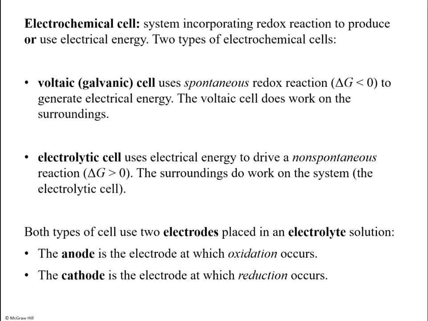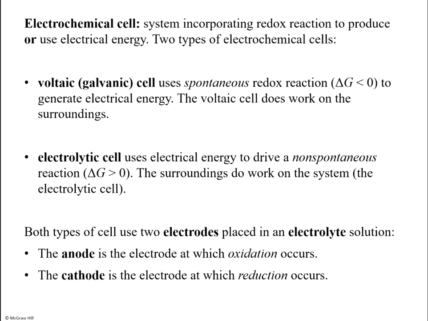So we have two types of electrochemical cells. First, we have what's called a voltaic or a galvanic cell, and that is a spontaneous redox reaction, one, as you know, that has a delta G that is negative, and it's used to generate electrical energy.